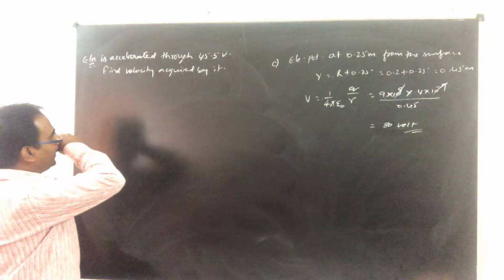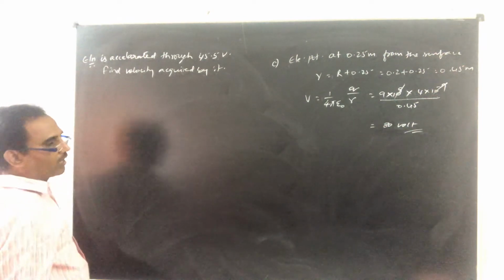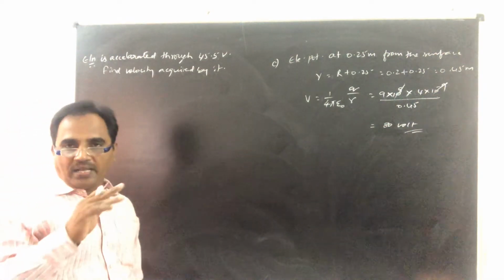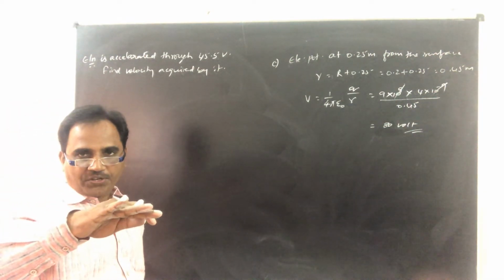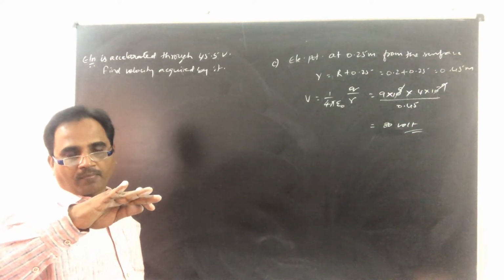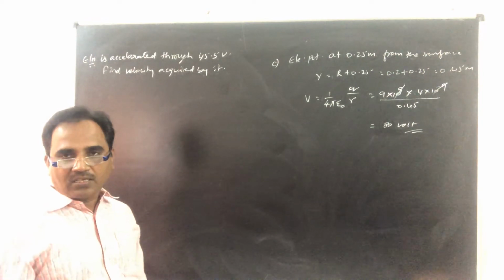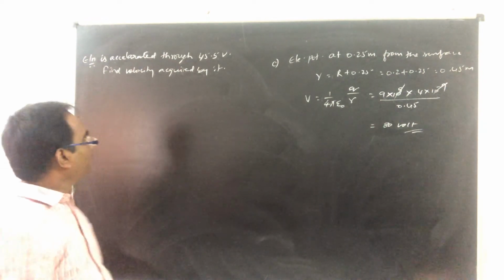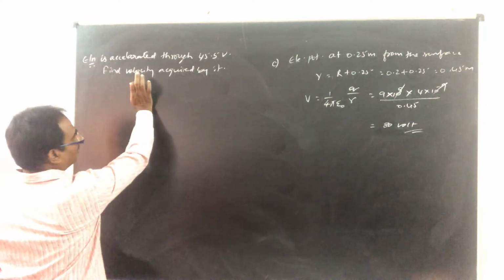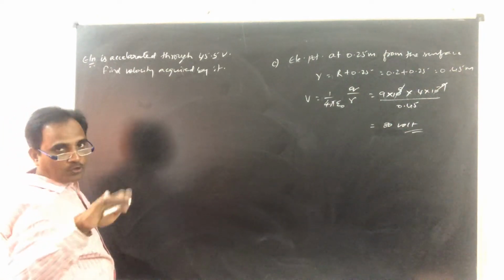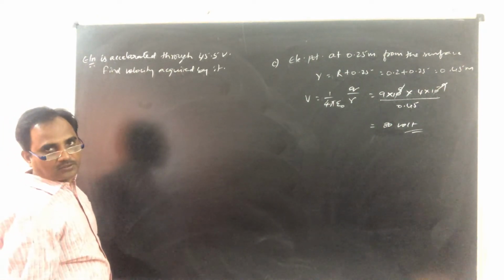See, in an electric field, along the direction of electric field, potential decreases. So, along the electric field, the kinetic energy will increase. That means the potential energy is going to be converted into kinetic energy.